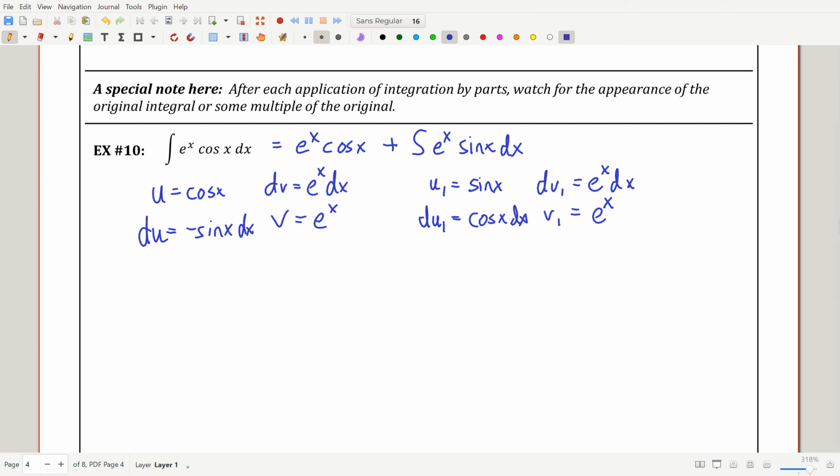Cool. So our original integral still equals e to the x cosine x plus something. And that something is what I get when I integrate this integral by parts. So plus v1 u1, so e to the x sine x, minus the integral of v1 du1, so that is e to the x cosine x.